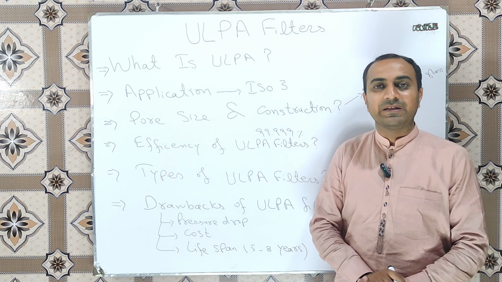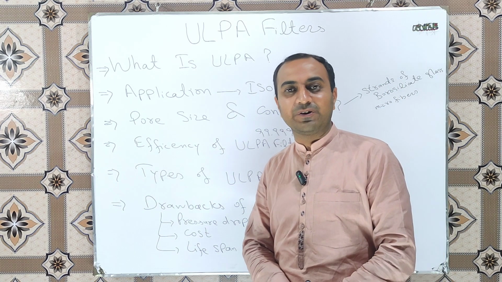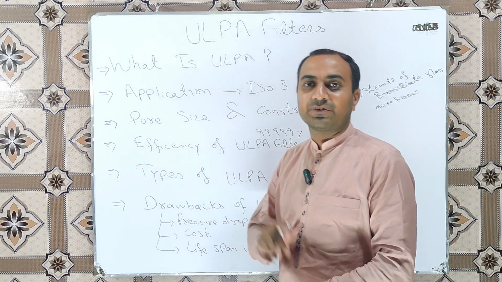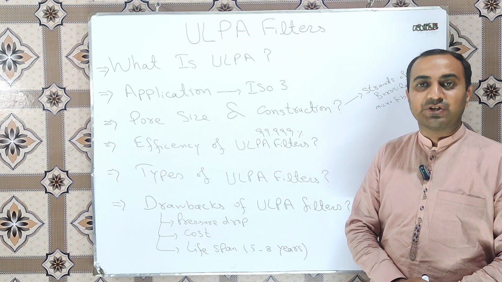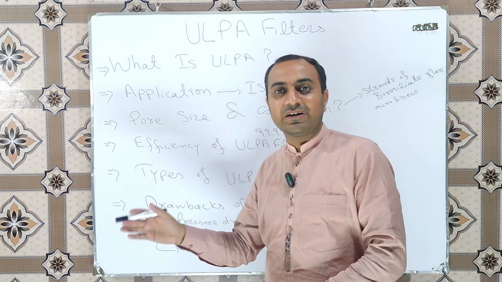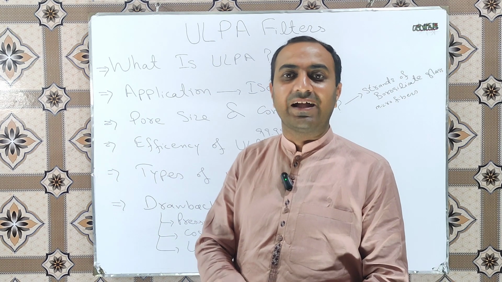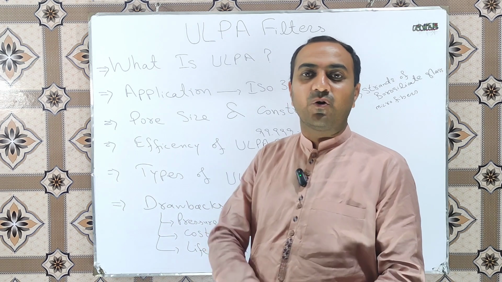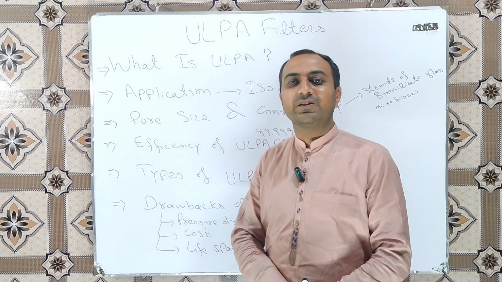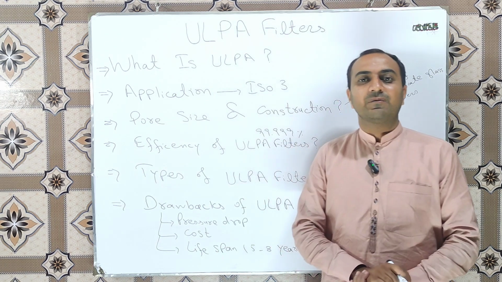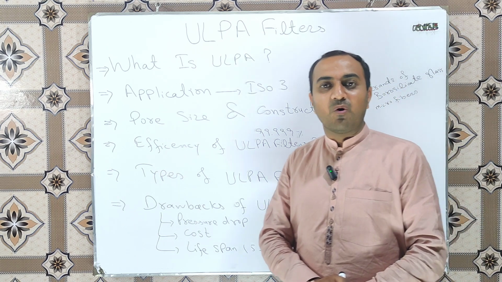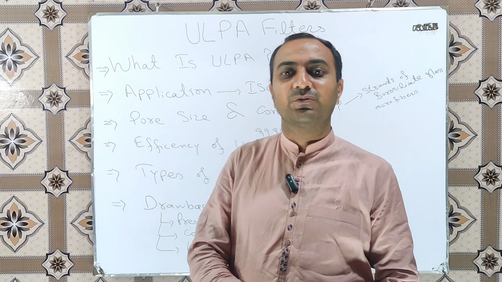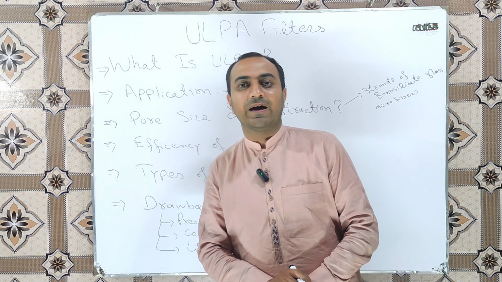So I hope you are familiar. Now the abbreviation of ULPA filters is ultra low particulate air filters. So what is their application? ULPA filters are very rarely used in pharmaceutical industries, and more precisely, they are not used in clean rooms of the pharmaceutical industries, but they are used for the clean rooms where more precise or more sensitive electronic circuits are manufactured, like semiconductors or microelectronic chips are prepared.